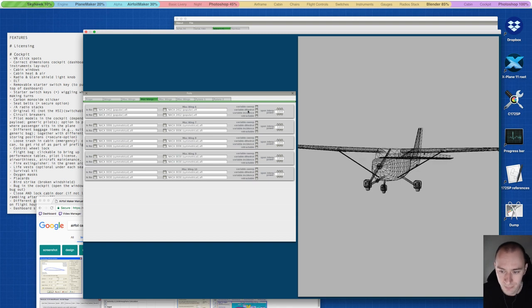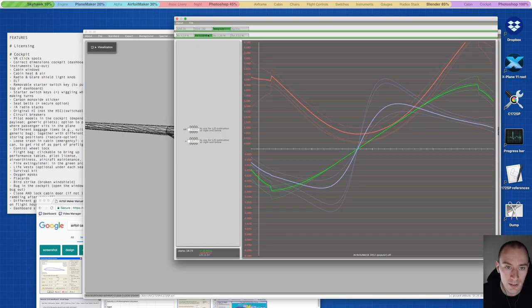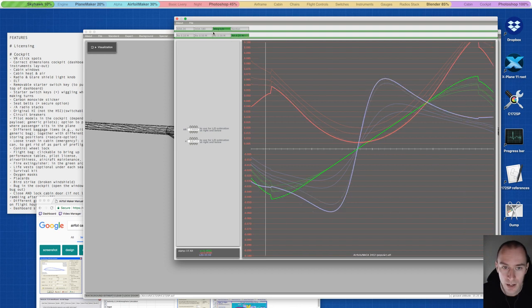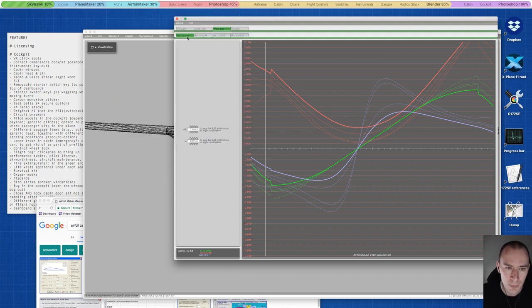So more complexity is introduced when we now venture into working with AirfoilMaker. And I guess AirfoilMaker likes to know what the behavior is of the airfoil under different Reynolds numbers. This is 0.10 million, I think. These are high numbers.